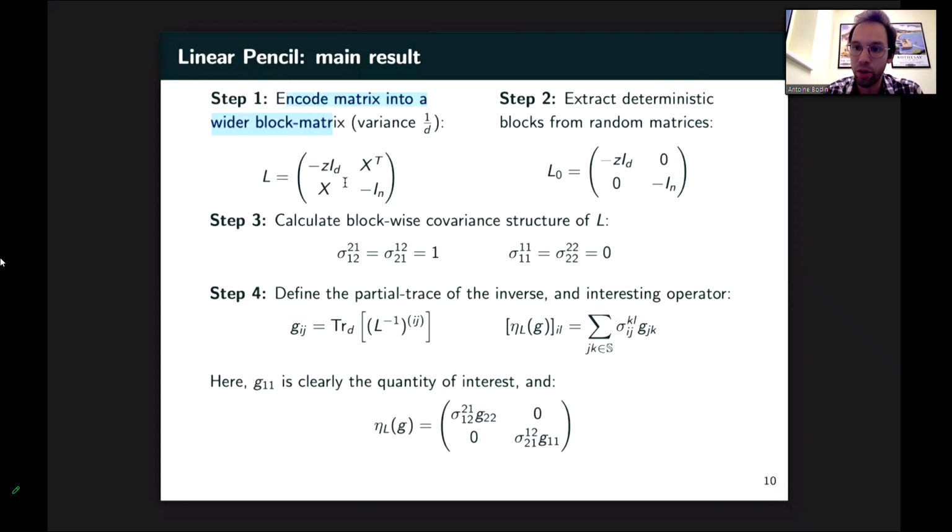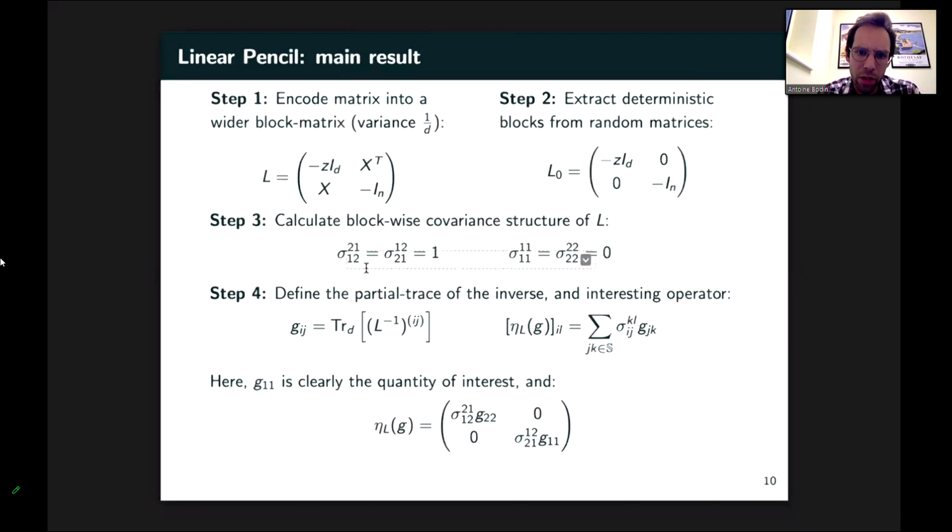The random components here are just the random matrix X, and you take what remains, the deterministic block, and here the only deterministic blocks are -z identity and minus identity. Here there is I_d because it's a block of size d times d, and here's a block of size n times n. And then we'll define some sort of covariance structure of those block matrices.